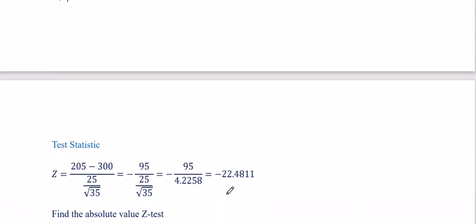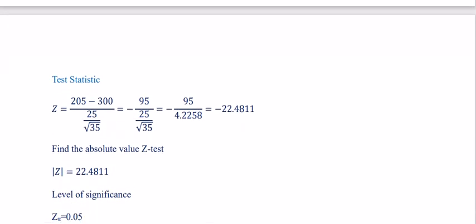Now the test statistics. As we did initially, for the Z test, we have to look for the absolute value of the Z test now, like I did in the initial example. So it gives us 22.4811.